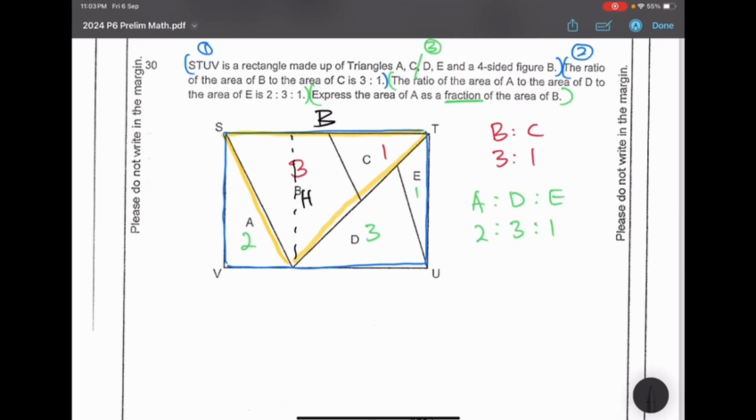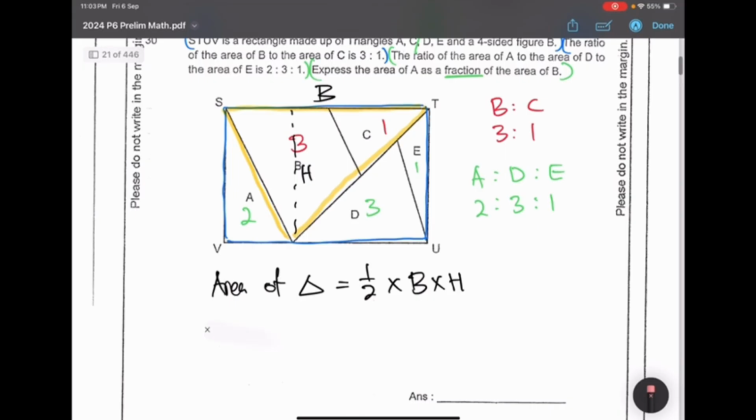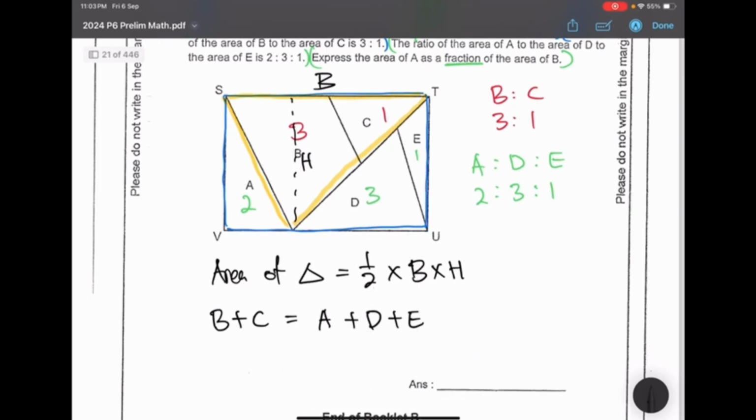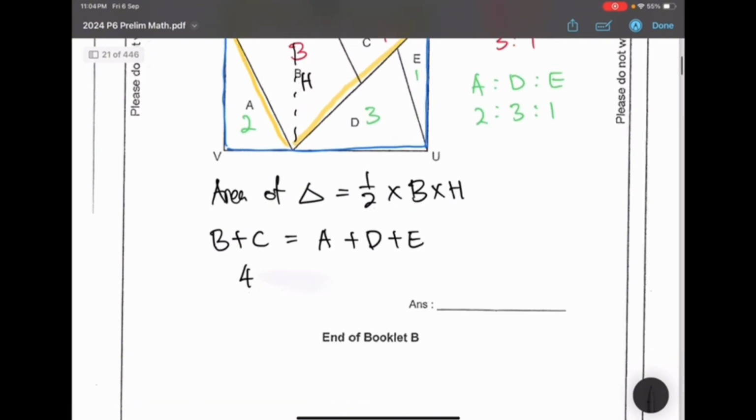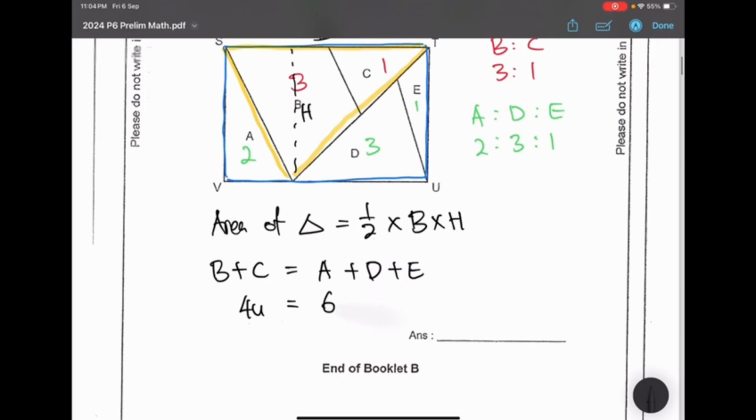And I know that the area of triangle equals to half times base times height. From this, what I can do is to say that for B plus C equals to A plus D plus E, which means that my 4 units over here equals to the 6 parts I have.